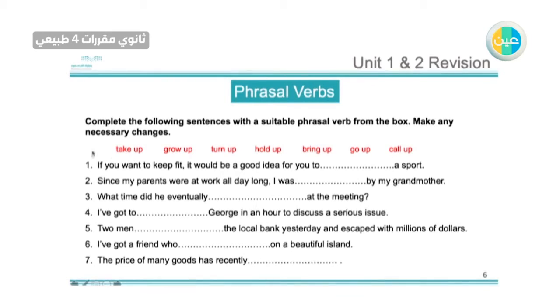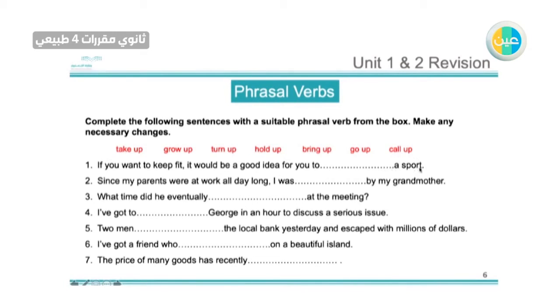And now we have 7 sentences that we need to complete using these phrasal verbs. First one, if you want to keep fit and healthy, it would be a good idea for you to blank sport.